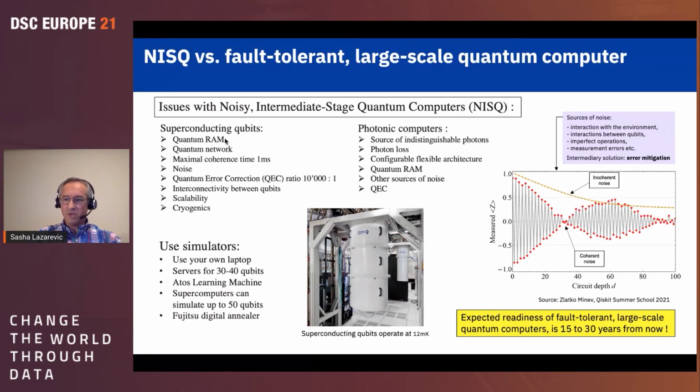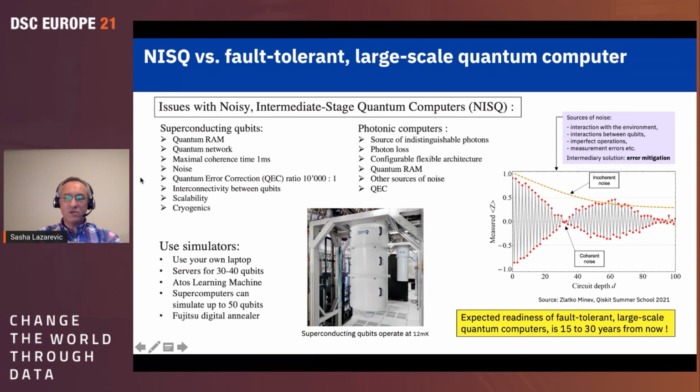We just have to use them, measure very quickly, and discard them. The maximal coherence time of superconducting qubits is 1 millisecond. Single-qubit gates can be done in just a few nanoseconds, that's true, but multi-qubit gates take longer. So this 1 millisecond is not enough for really deep circuits.